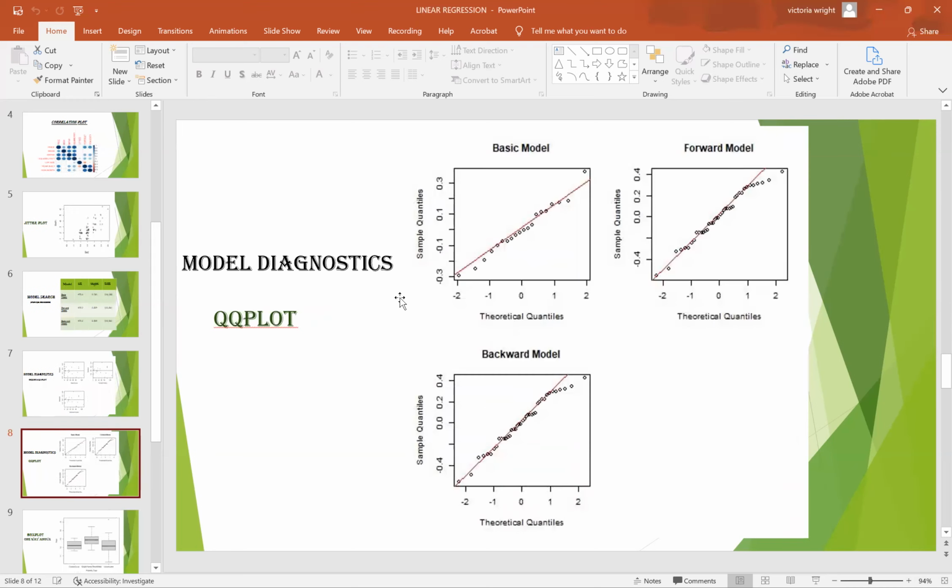And the same way with the residual plot. This is the model diagnostics quick plot, and I check them and make sure they stay on the line. And when I transform the y-axis, they look pretty good, staying on the line.